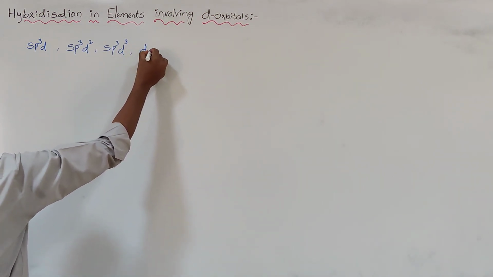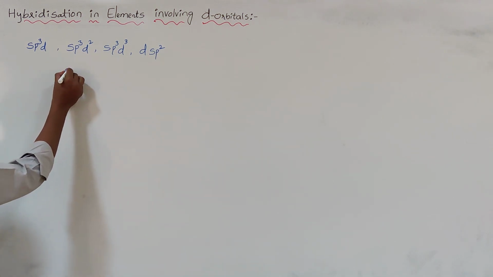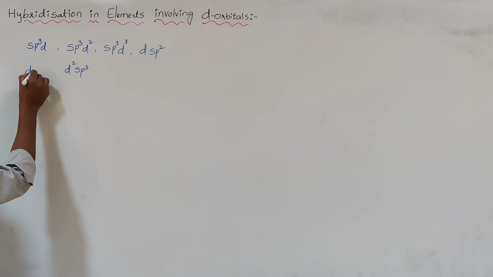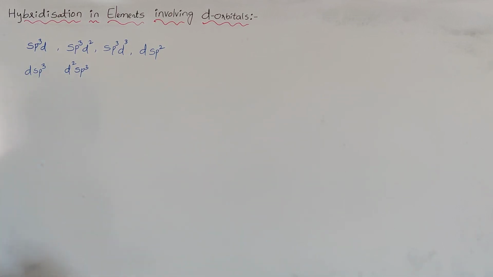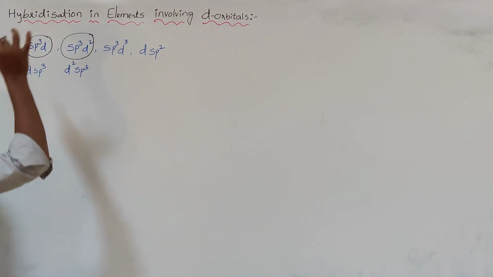In some molecules, dsp2, d2sp3 or dsp3, like that, different types of hybridization are possible. But here I will discuss only sp3d and sp3d2.